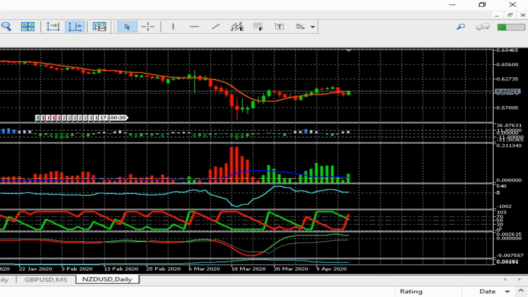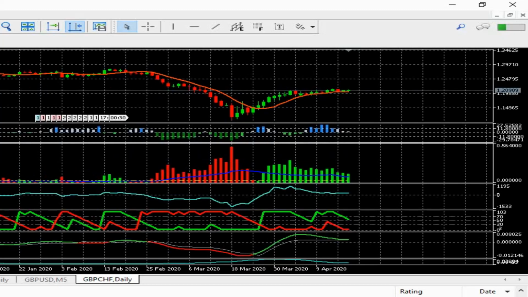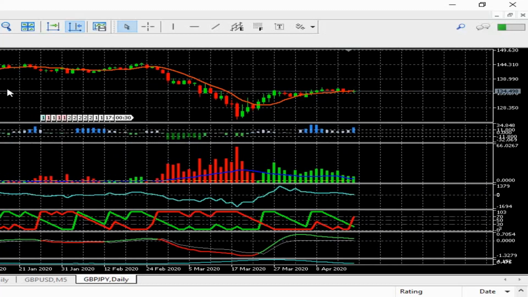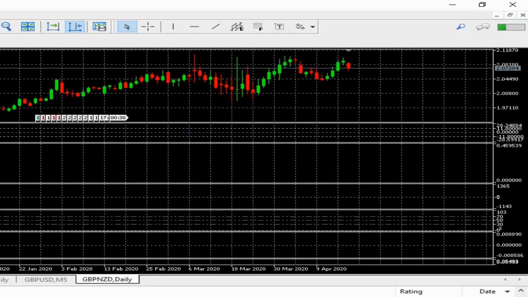So the Great British Pound now against the Canadian dollar, no trade for me. The Great British Pound against the Swiss franc, no trade. Great British Pound against the Japanese yen, no trade. Great British Pound against the New Zealand dollar.